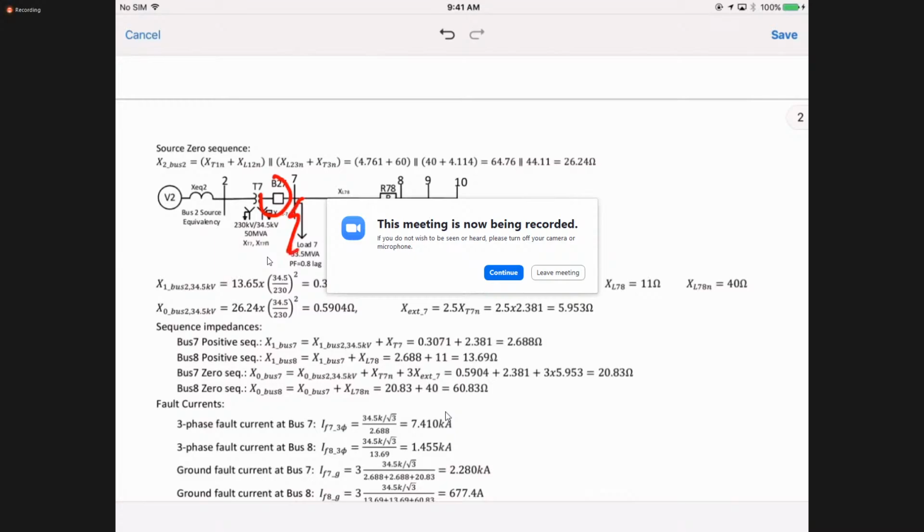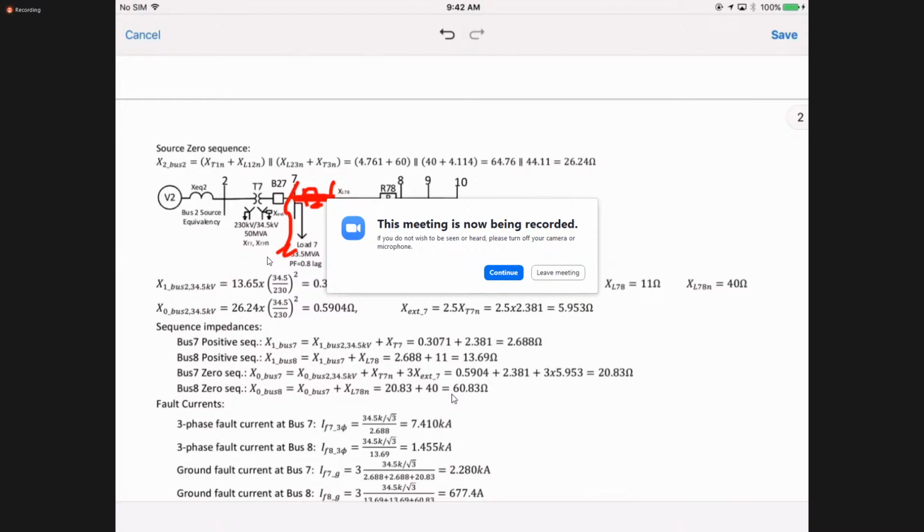But if the breaker is here, very close to bus 7, then it should calculate the fault on the low side of the fuse or of the breaker. It should be like that. But for convenience, we calculate here because the impedance in between is such a small difference.